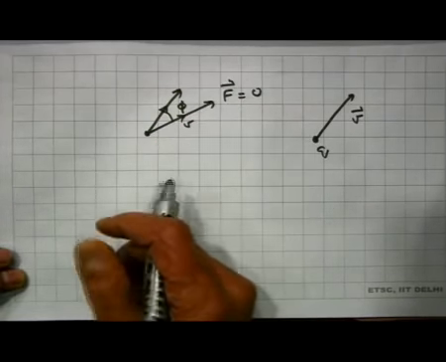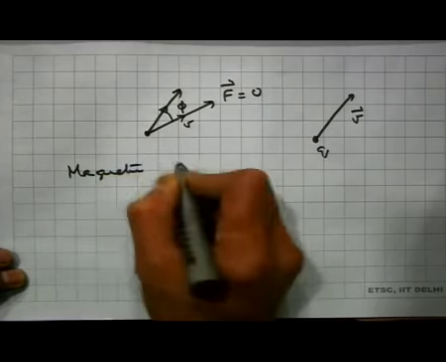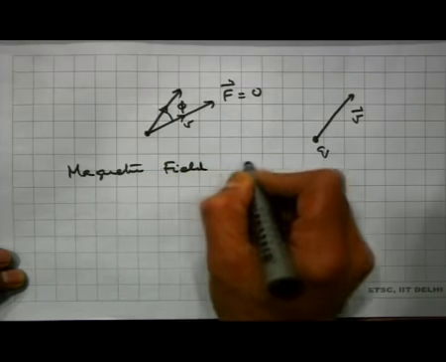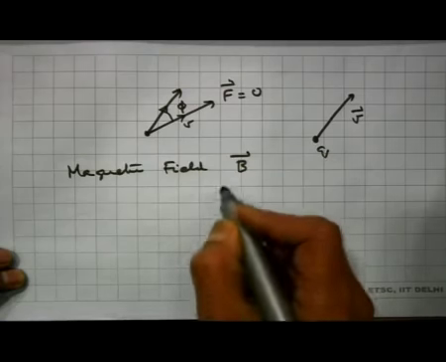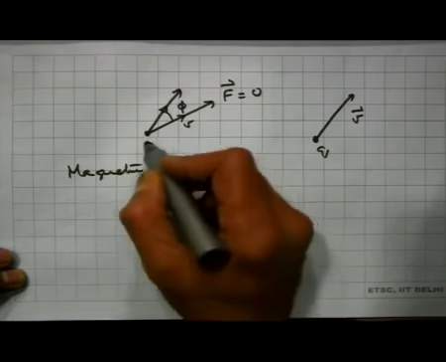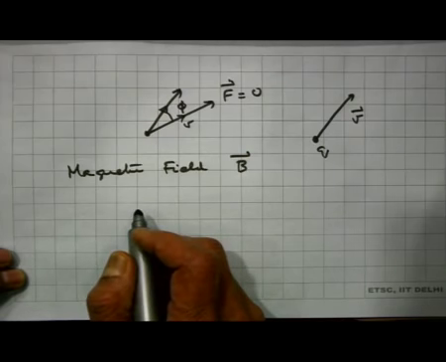So we define a magnetic field B, the vector B, along the direction in which the charge found no force. That's the direction of the B vector.